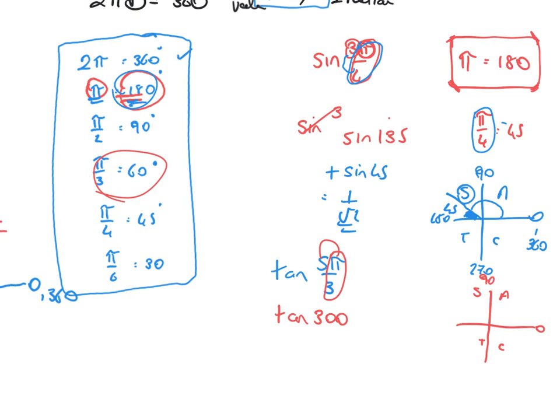Okay, 0, 90, 180, 270, 360. 0, 90, 180, 270, 300. We're in the cosine quadrant. Tan is negative in the cosine quadrant. And my acute angle is 60 degrees. Tan 60, got your exact values. That's root 3, so it's minus root 3.